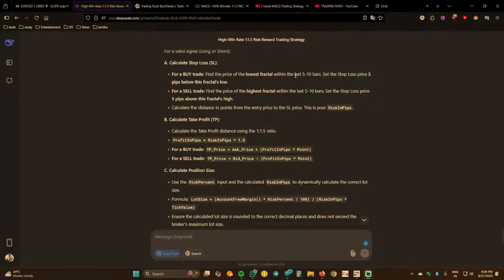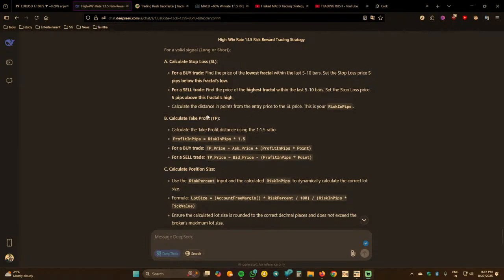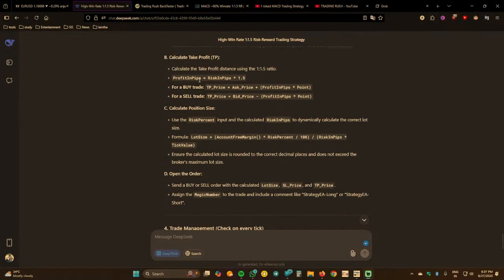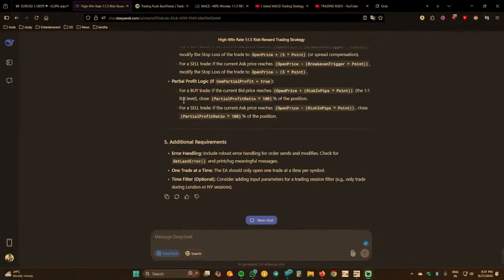Why is it finding the lowest fractal level within the last 5 to 10 bars? Set the stop loss price 5 pips below the fractal. For buy trades it is setting below the stop loss level. Maybe we can search more than 5 to 10 bars. If there is no fractal within the 5 to 10 bars, we can go further back. Calculate TP. Okay. That was good.